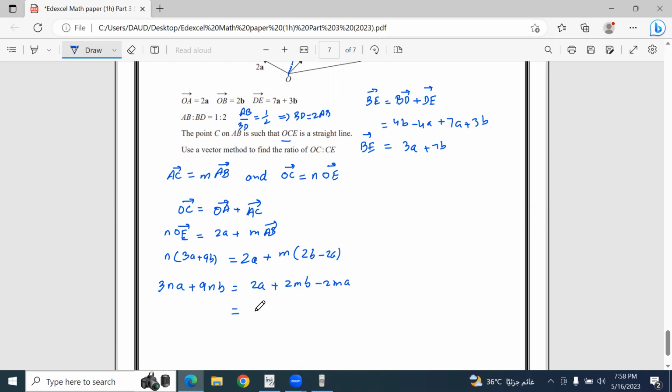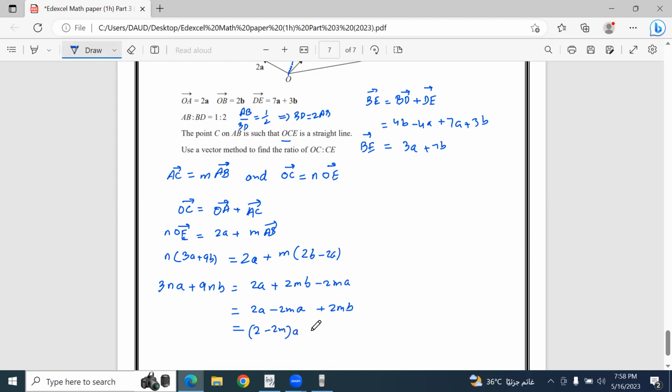So we can say that 2A minus 2MA, and here we have 2MB. The next step, we can say that A is common, so 2 minus 2M.